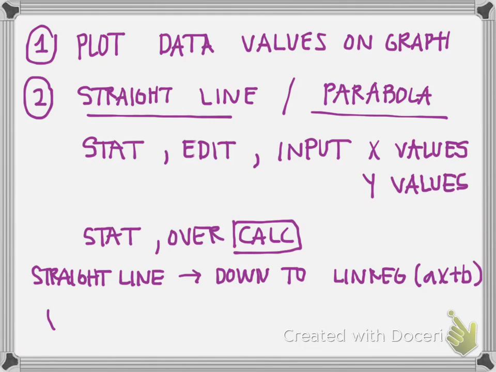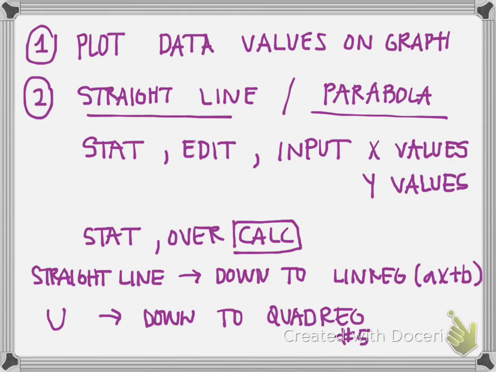If it was U-shaped, then you will go down to quadratic regression. The quadratic regression on my calculator is number 5. Everybody's calculator is a little bit different. That linear regression was a number 4 after you go to the Calc part of it. Everybody's calculator is a little bit different. That's why I don't want to say what number it is.